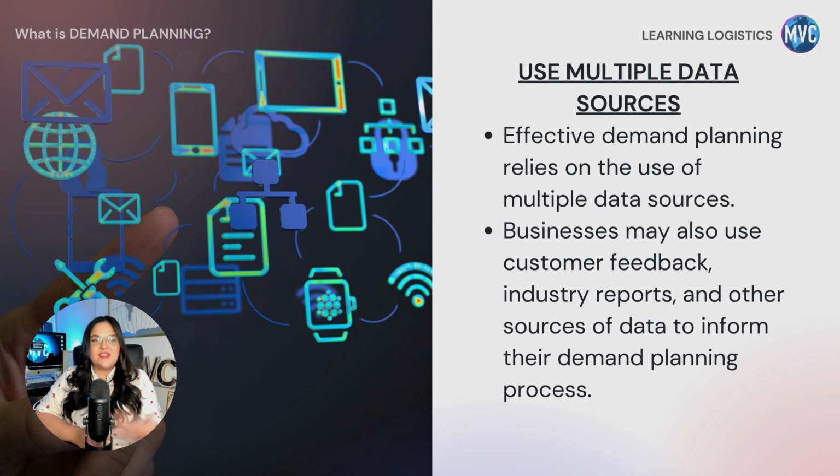Another key principle is to use multiple data sources. Effective demand planning relies on the use of multiple data sources. In addition to historical sales data, which we established is very important, and market trends, businesses can also use other things such as customer feedback, industry reports, and other sources of data to inform their demand planning process or to input into their systems.